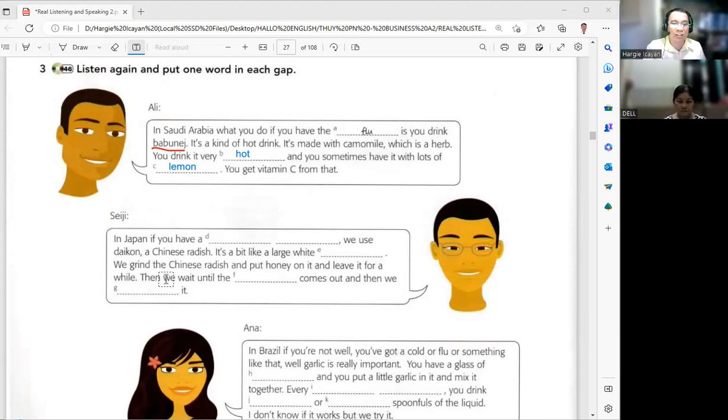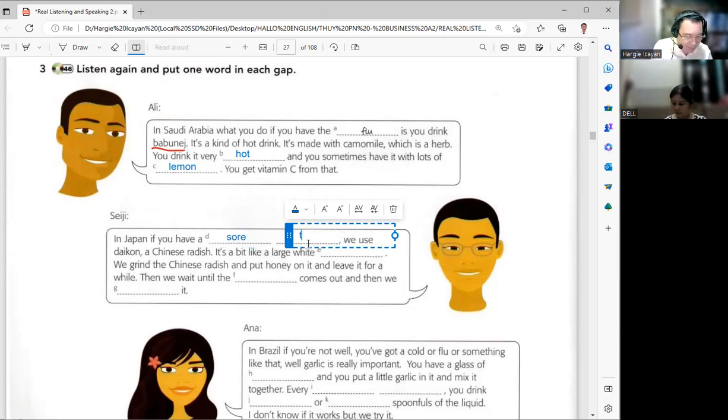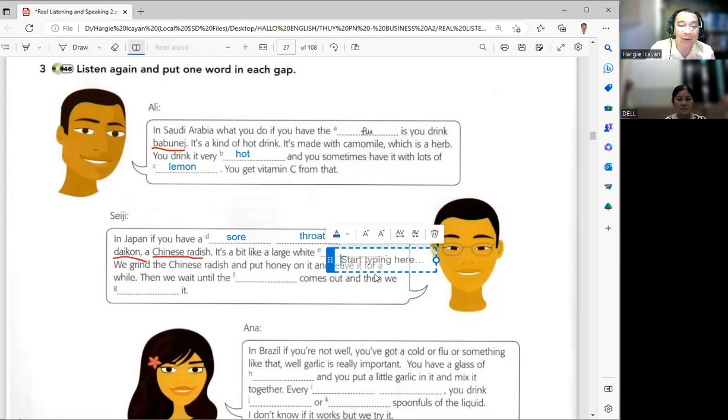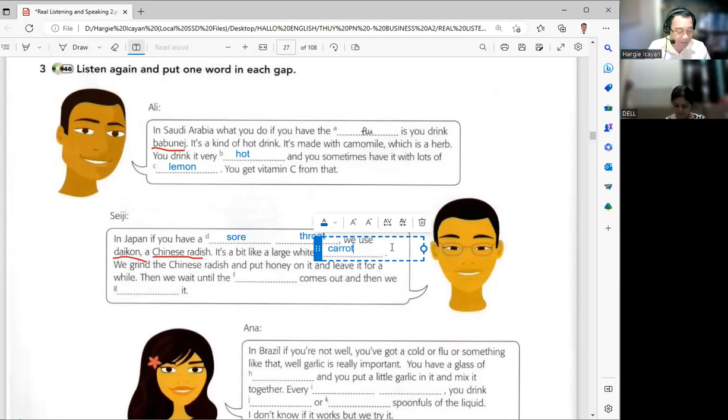So according to Seiji, in Japan, if you have a sore throat, you can use daikon. The name of the Chinese radish in Japan is daikon. It's a bit like a large white carrot. It looks like a carrot, but the color is white.